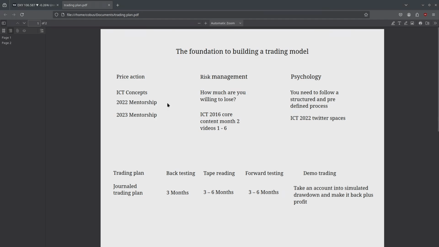Now, keep in mind that if you choose 2022 mentorship, you watch all the videos, and of course, you have to journal with each video, and you need to practice the things that you have learned. Doesn't matter if you're journaling on paper, if you prefer to do that, or if you prefer journaling on something like Notion or any other software.